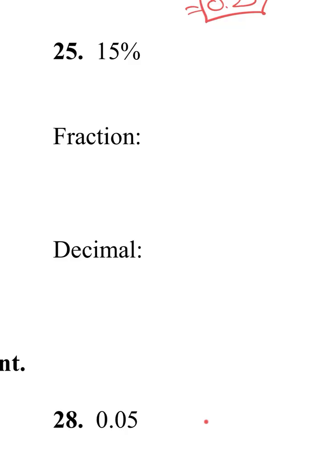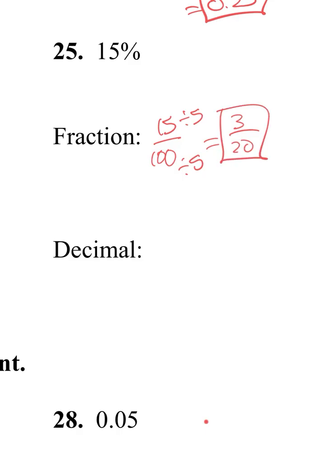So as a fraction, you've got 15 over 100. Okay, what's the greatest common factor of 15 and 100? That's 5. So I'm going to divide both the numerator and the denominator by 5. So 15 divided by 5 is 3, and 100 divided by 5 is 20. Okay, that's it.